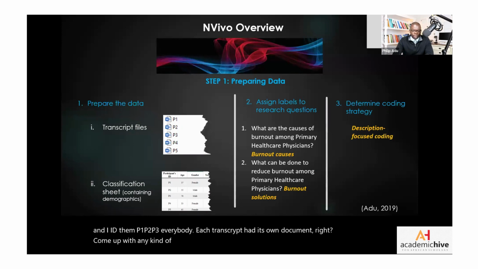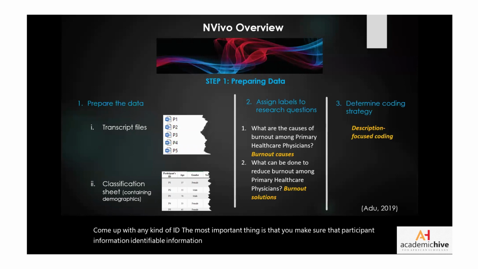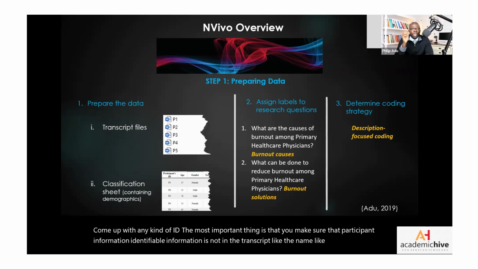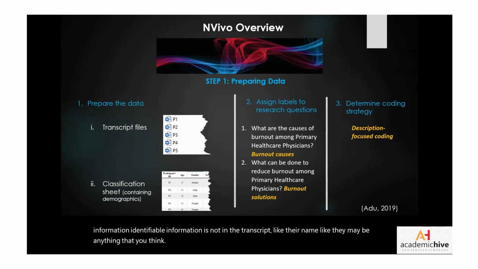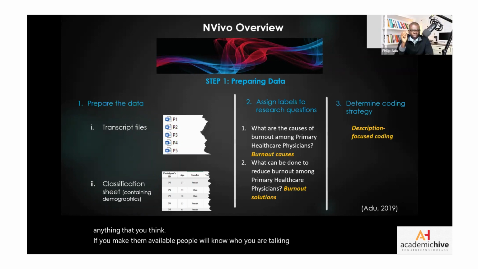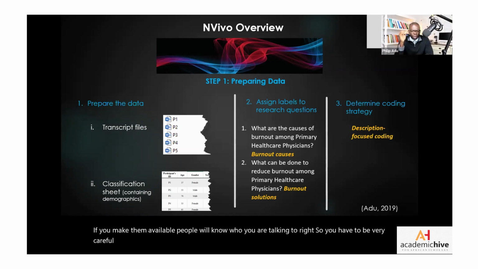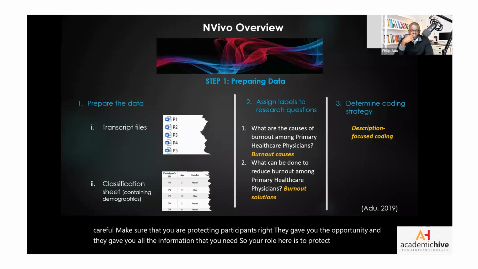The most important thing is that you make sure that participants' identifiable information is not in the transcript, like their name, or anything that you think, if you make it available, people will know who you are talking to, right? So you have to be very careful. Make sure that you are protecting participants. They gave you the opportunity and all the information that you need, so your role here is to protect them, right?